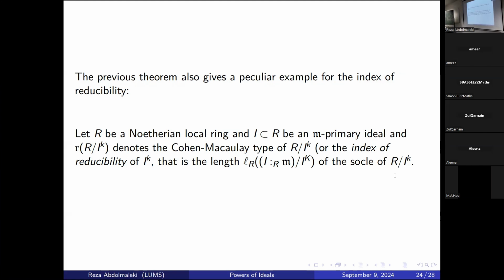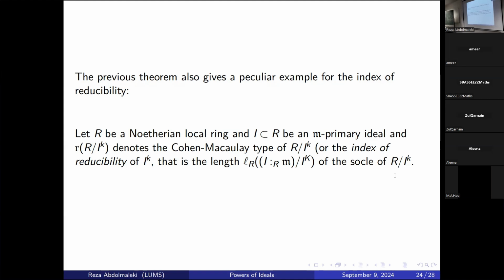In particular, if this Cohen-Macaulay type is 1, the Cohen-Macaulay ring will be Gorenstein. And also in algebraic geometry it is a kind of measure for the complexity of the singularity of algebraic varieties.